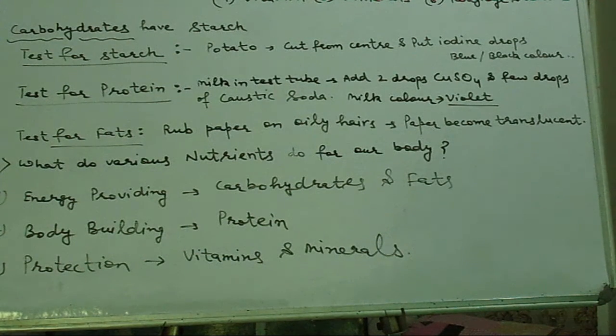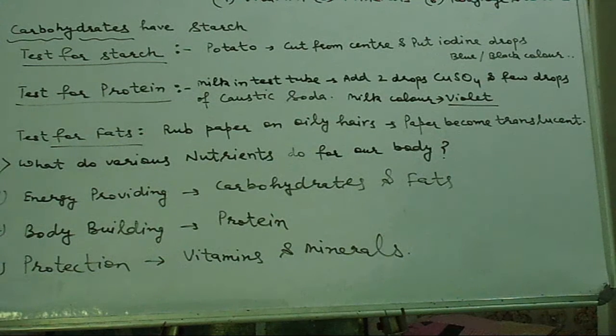Similarly, the next category of nutrients is that which provides protection to our body. Protection means that they protect our body from so many diseases, from so many health issues.